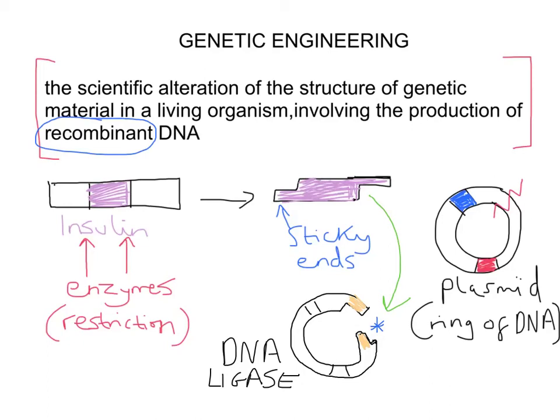One major benefit of genetic engineering is when we think about GM food, or genetically modified food production. In developing countries, rice is the staple diet for many people. And because they're eating large quantities of rice, they're not getting perhaps the required quantities of vitamin A. And without vitamin A, it can lead to blindness and even death.